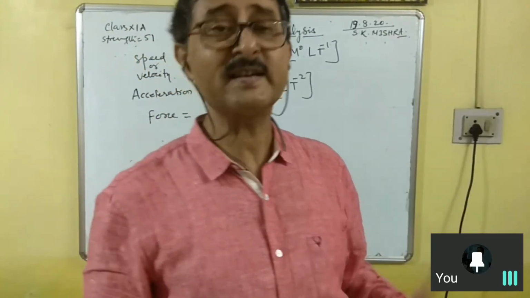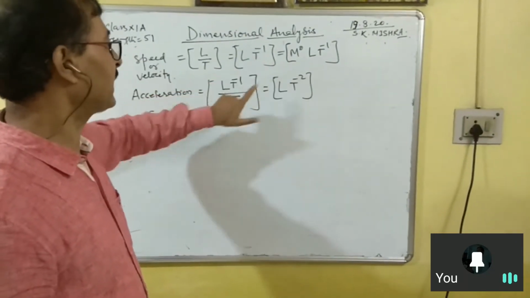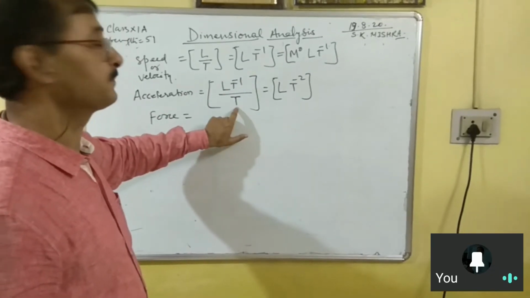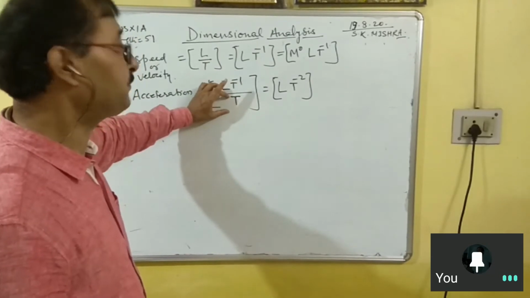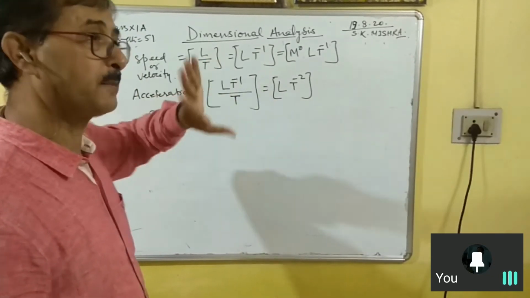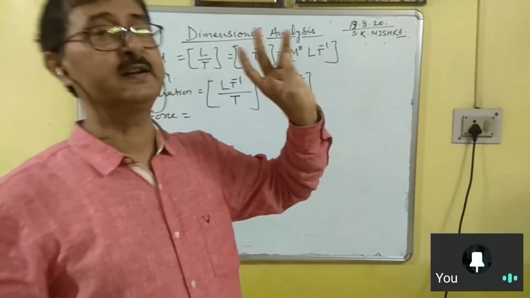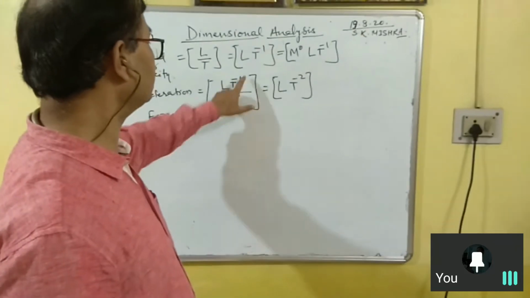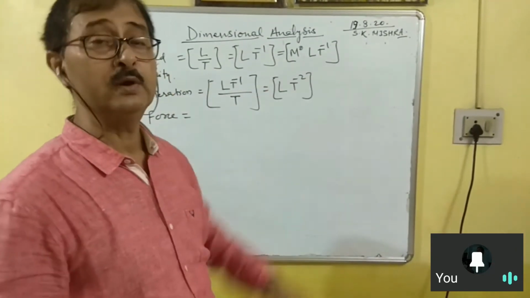Then what is the dimension of velocity? The dimension of velocity is L T minus 1. So write down L T minus 1 divided by T, because it is change in velocity by time. T for time, L for length, M for mass. Remember, M for mass, L for length, T for time. Then this is L and then T raised to minus 1, minus 1 is already there, so it is T raised to minus 2.